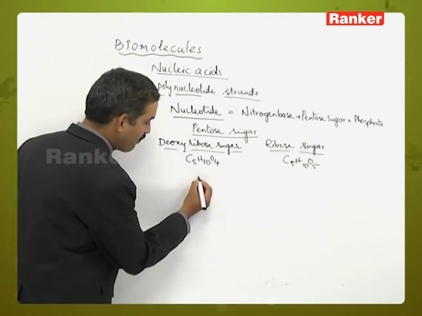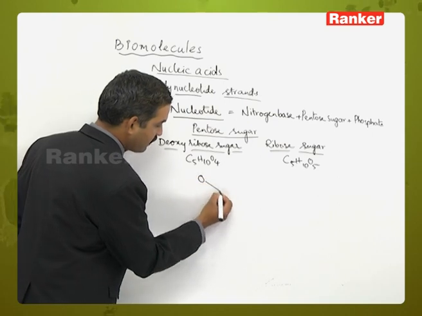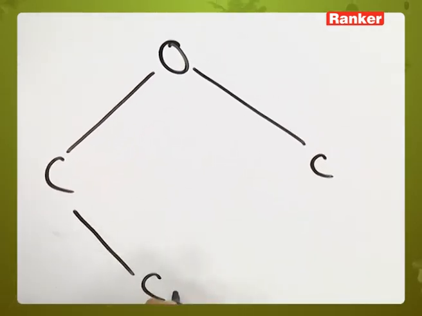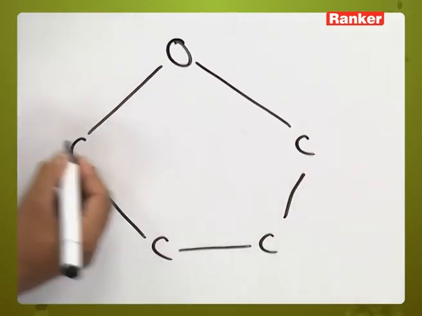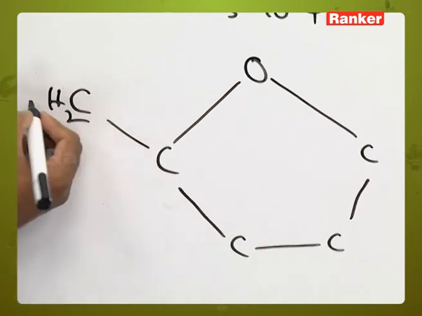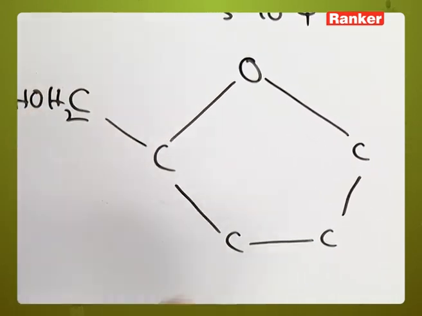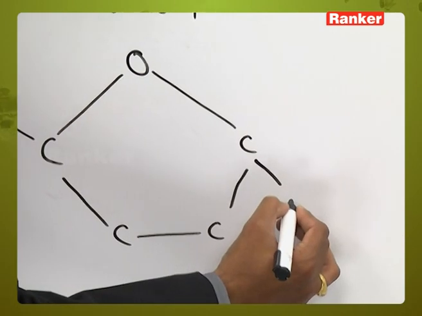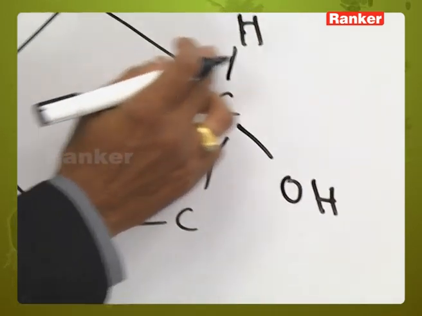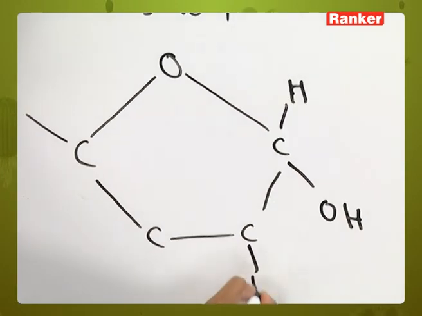If you see the molecular structure of this one, it's a ring structure with 5 carbons, and the 5th carbon is out of this ring structure. It forms CH2OH. So the valency of the carbon is 4. It is balanced here with 4 bonds.